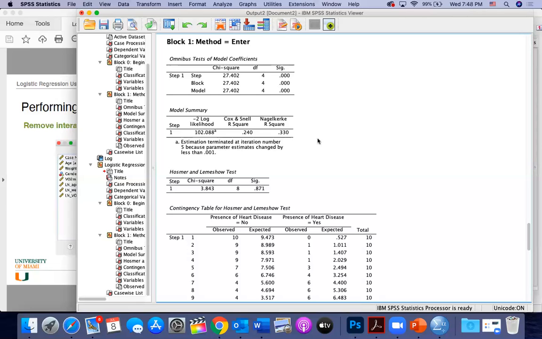So we can say that the explained variation in the dependent variable, whether someone has a heart disease or not, based on our model, ranges from 24% to 33%, depending on which method we use. This is how you will interpret this table in your results section.